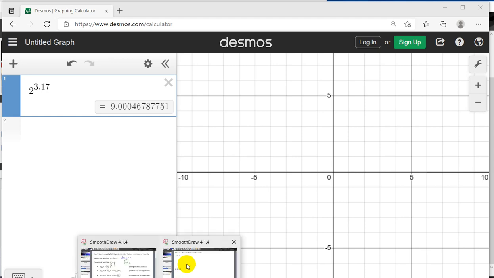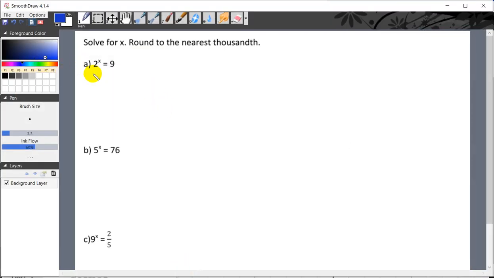So what we can do is label our parts again. If we have an exponential function this time, this is our base, this is our exponent, and this is our answer.